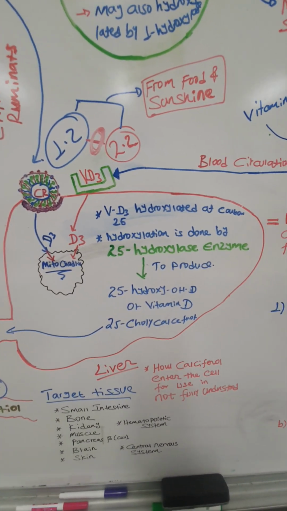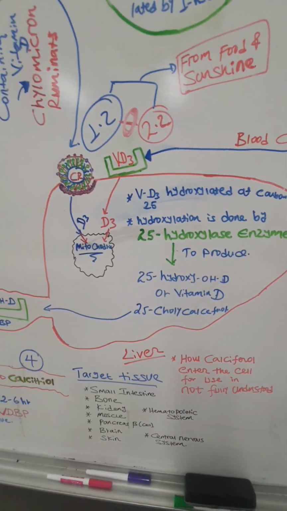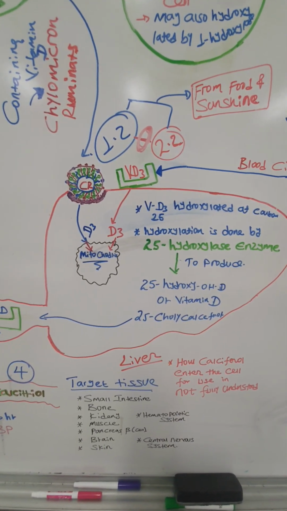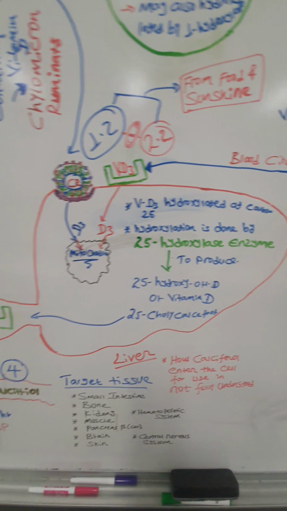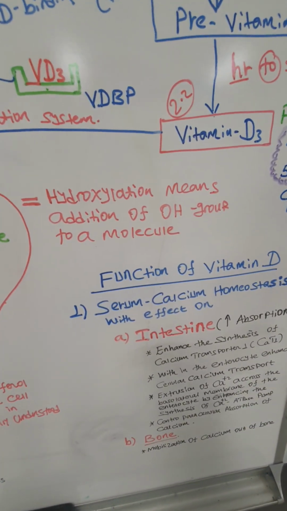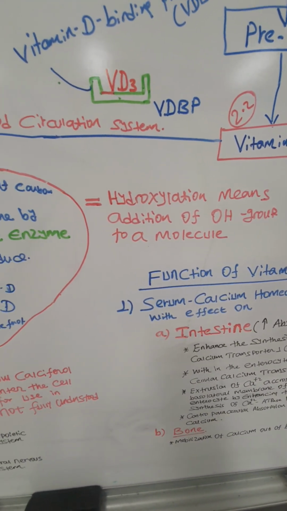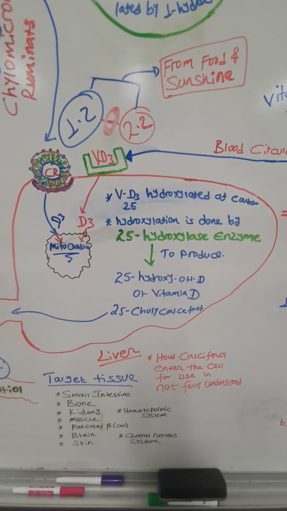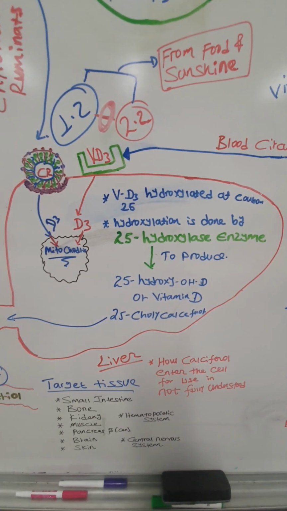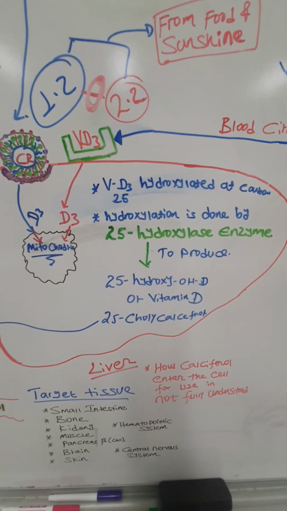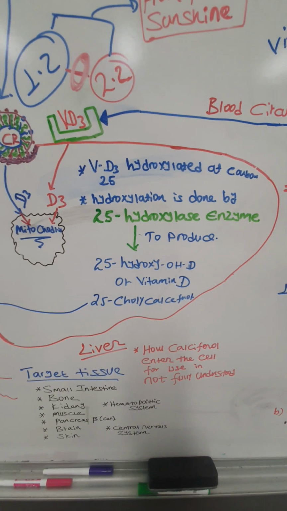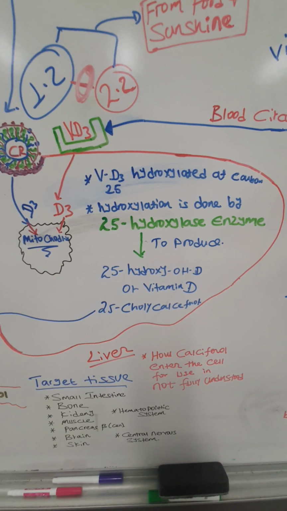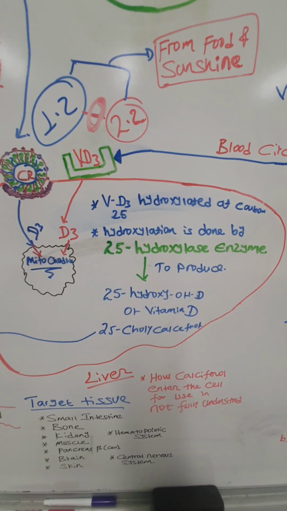The most important reaction that vitamin D3 undergoes is called hydroxylation. Hydroxylation means the addition of an OH group to a molecule. So in the original vitamin D3 form, one OH group is added, and this addition is conducted by the enzyme called hydroxylase, or 25-hydroxylase enzyme.